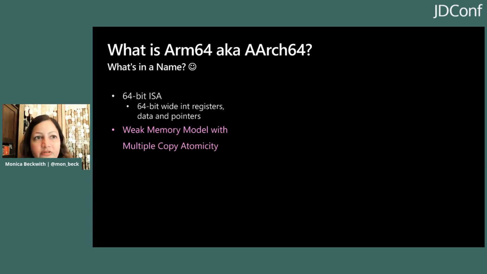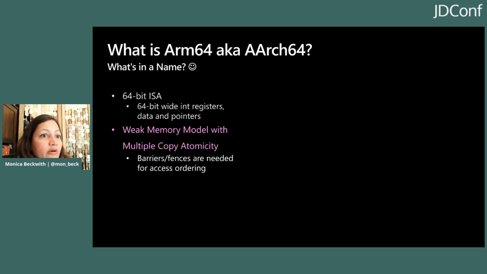Before ARM V8, ARM V7 was around, and ARM V7 was not multiple copy atomic, which means it was only single copy atomic, so all threads were not guaranteed to see the writes at the same time. With V8, we get multiple copy atomicity. What that means is, to be able to ensure access ordering, we need to have barriers and fences. And I'll show you a quick example here shortly.